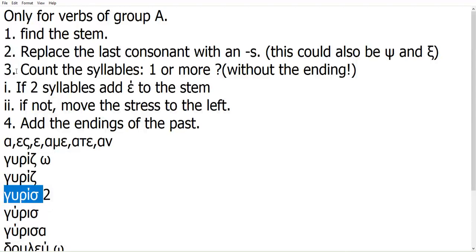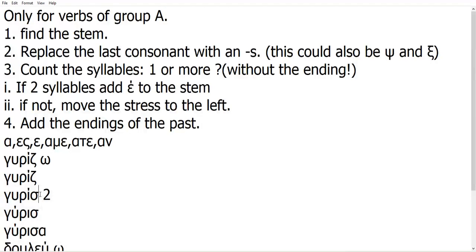Now what we have to do is go to number 3 and we count. One, two. So I have 2 syllables here. Be careful here, don't include the ending. With this verb, γυρίζω, it doesn't matter, but with other verbs, it does matter, and it will lead you to errors.